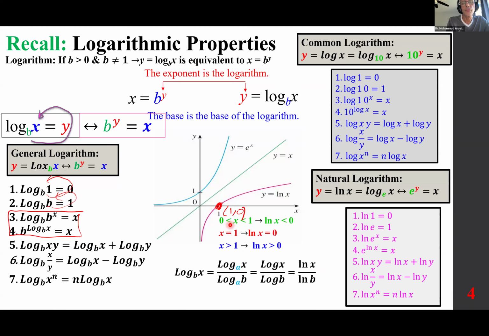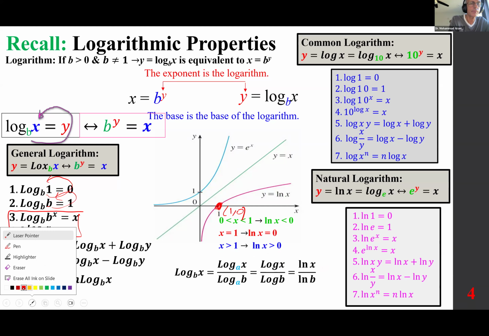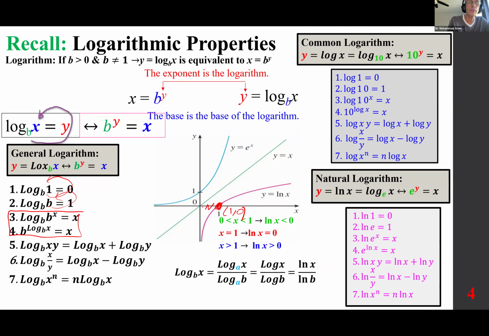So going here, when x is between 0 and 1, this goes below and it becomes negative. If x is larger than 1, that means here you're looking at this piece, and natural log is positive.